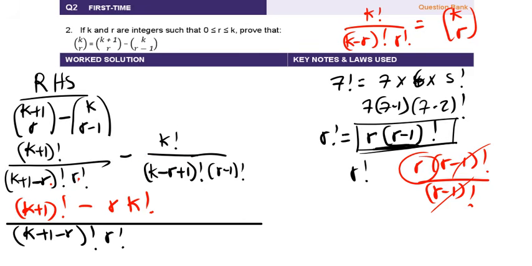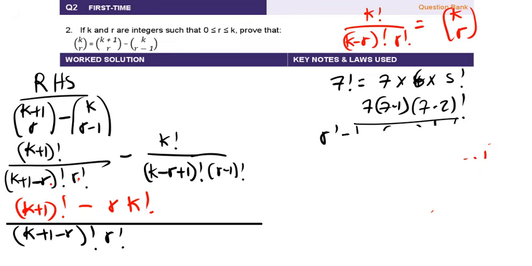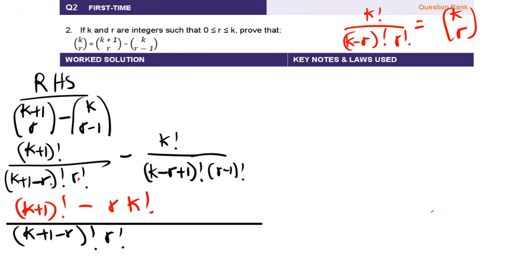Now let us look at something down there. If I want to see something that is going to be common on top, I've got k. Remember we said that r factorial, we are reducing this to r times r minus 1 factorial. This is the same as the k. So if I've got k factorial, I write first this, then k minus 1 factorial.